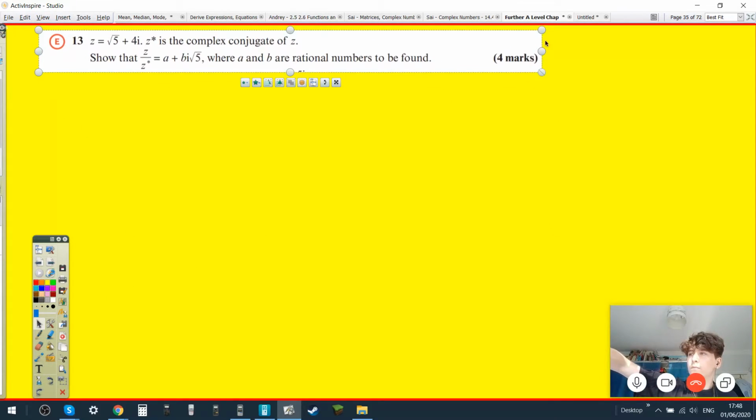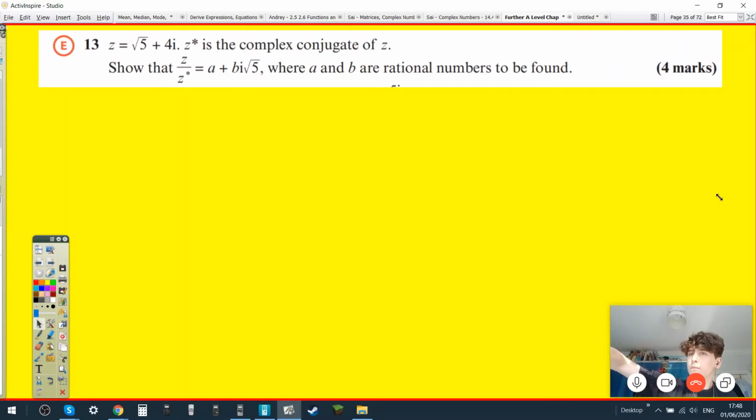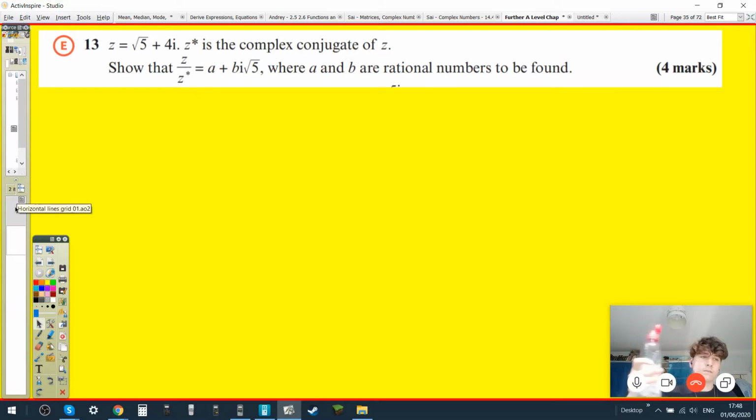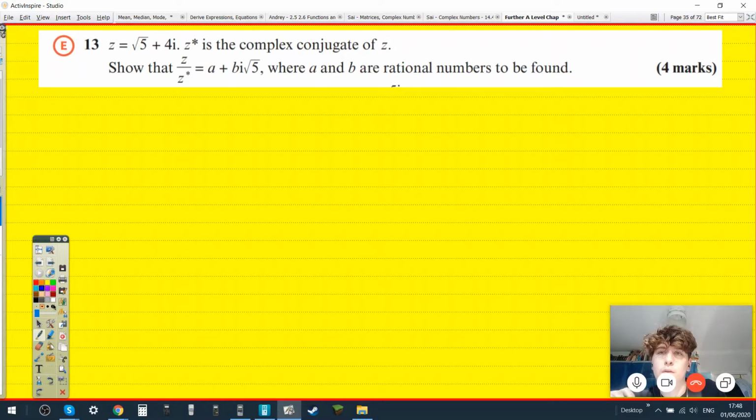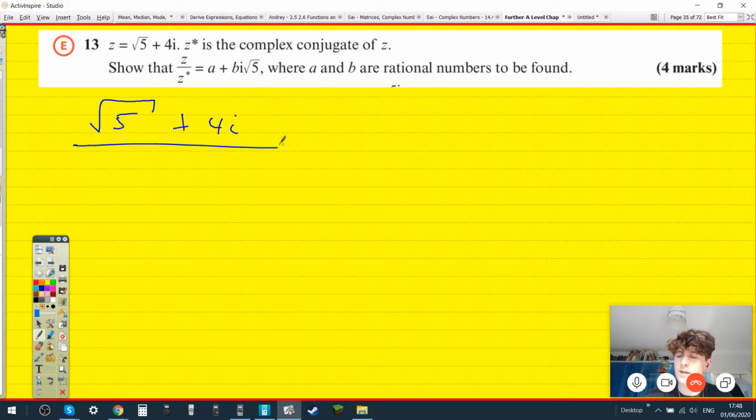Z is this. Z star is the complex conjugate. Show that it equals that, where a, b are rational numbers to be found. How would you start this one? So we do the root 5 plus 4i over the root 5 minus 4i, times root 5 plus 4i over root 5 plus 4i.